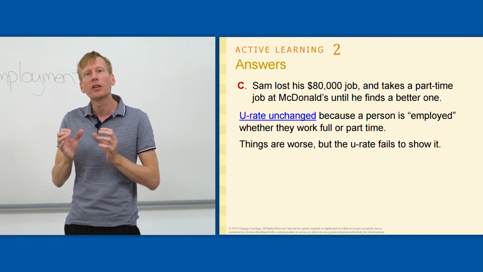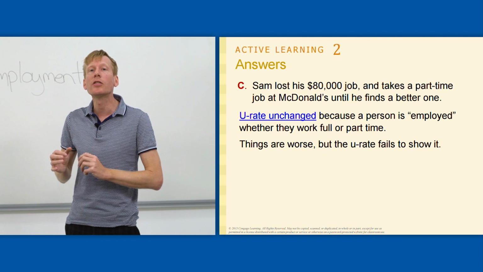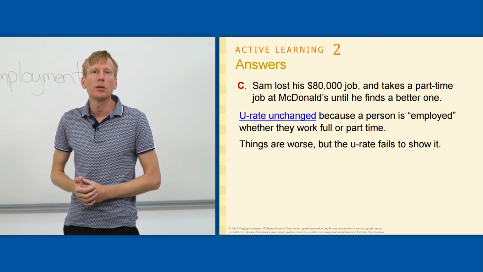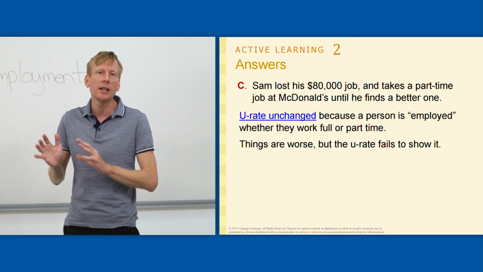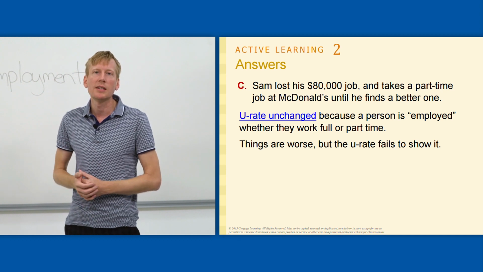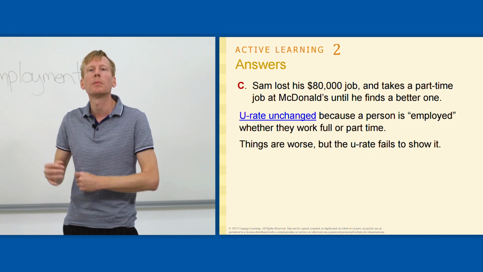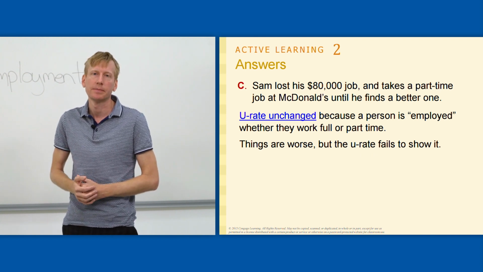He's not discouraged like John. He's underemployed. And our unemployment rate calculation that the Bureau of Labor Statistics uses can't capture any of that information about whether he's underemployed or not. So we miss the fact that this labor market outcome for him is negative.